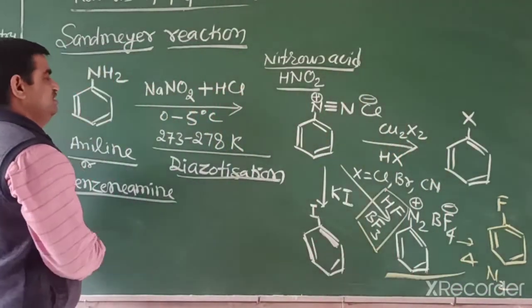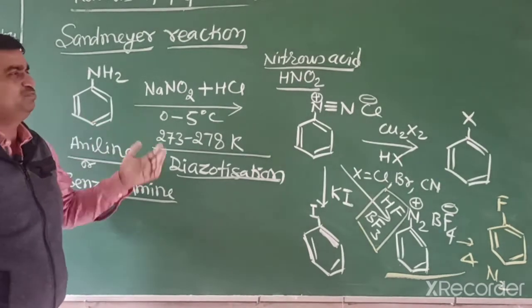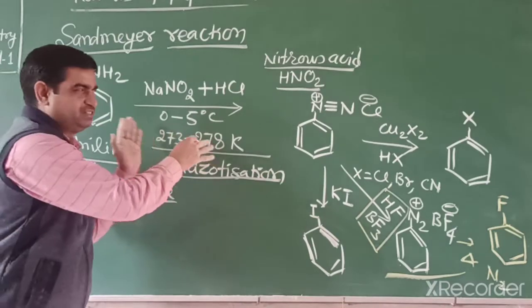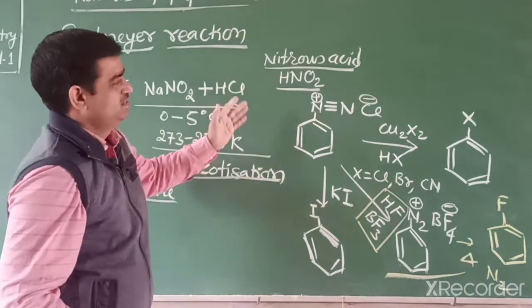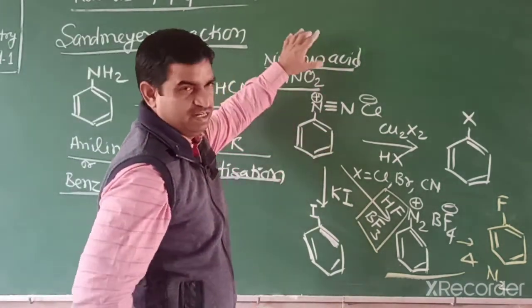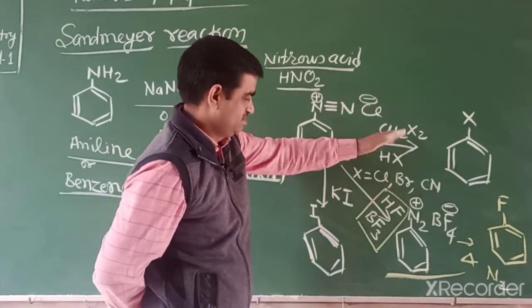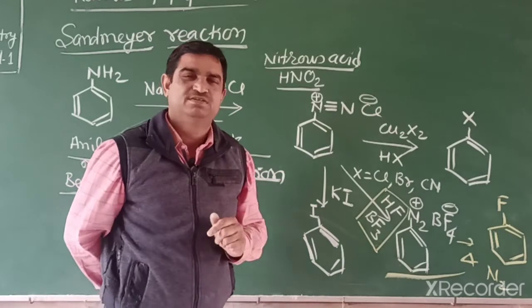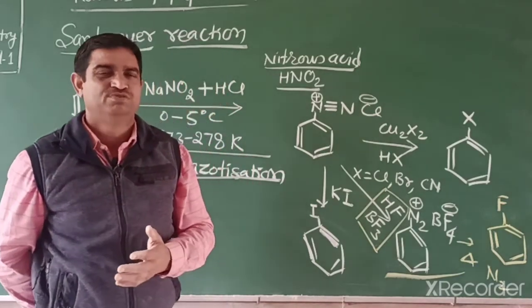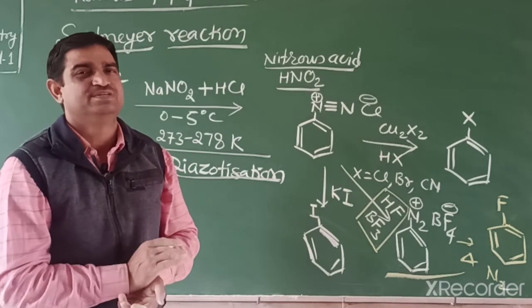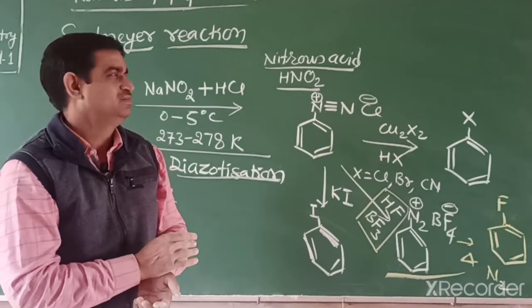So students, this is the method to prepare halobenzene. The first reaction is diazotization, this one is a separate reaction, and the Sandmeyer reaction is this, when the diazonium salt reacts with cuprous halide and hydrogen halide. So by this method we can introduce into the aromatic ring fluorine as well as iodine, chlorine and bromine.